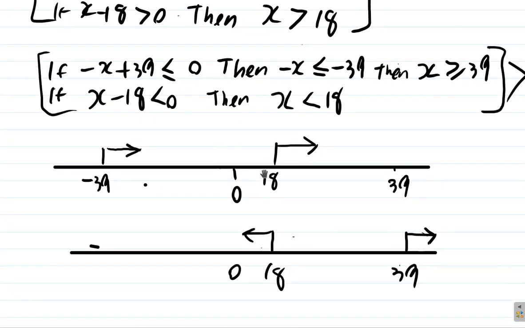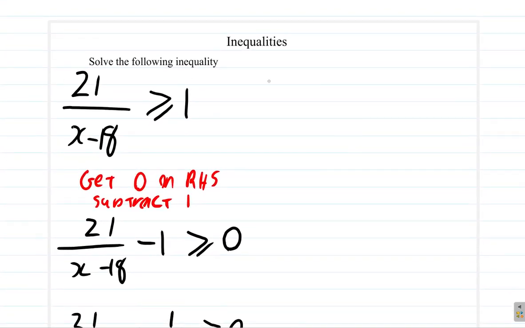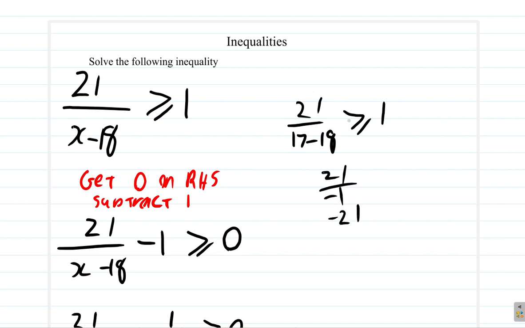Suppose we try 17 for x. That's not supposed to work either. Let's just try that. 21 over 17 minus 18 must be greater than or equal to 1. This means 21 over 17 minus 18 is negative 1. But 21 over negative 1 is the same as negative 21, and that's less than 1, so that can't work.